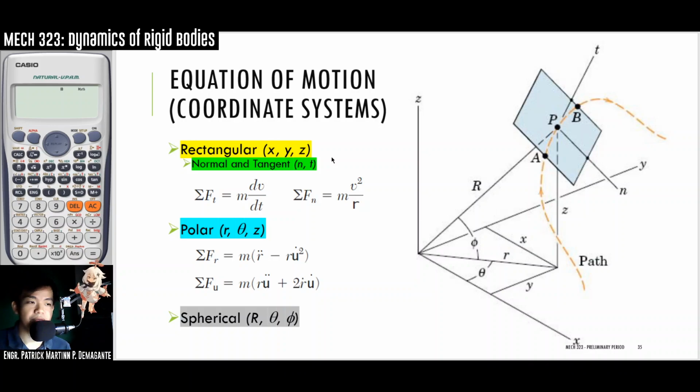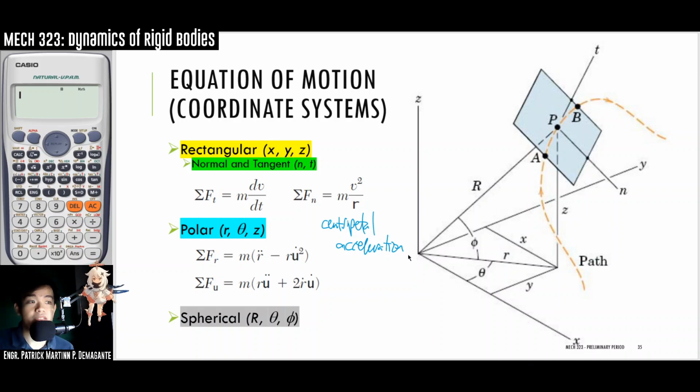And Fn, ito naman yung m times v squared over r. Or yung v squared over r, ito mas kilala natin siya bilang yung ating centripetal acceleration.